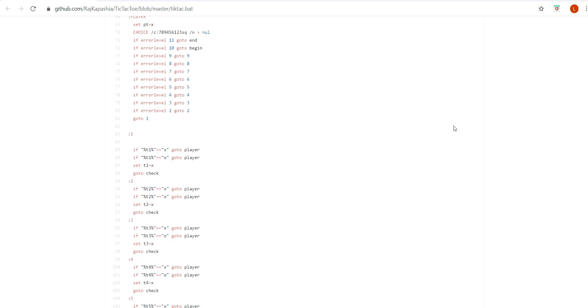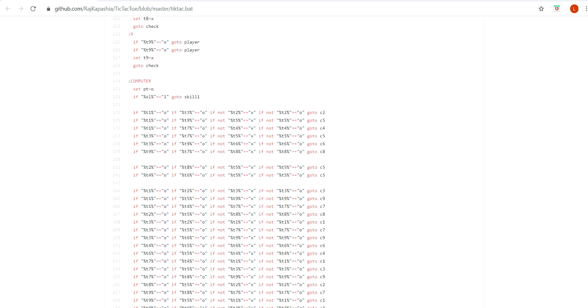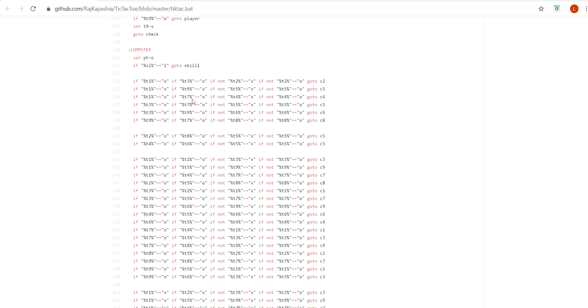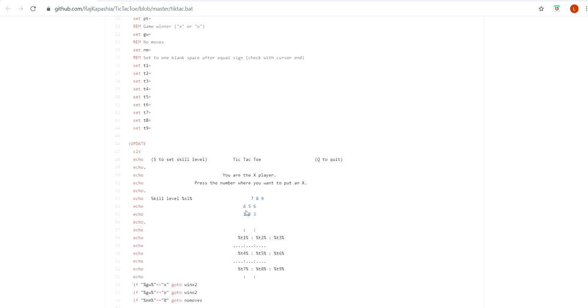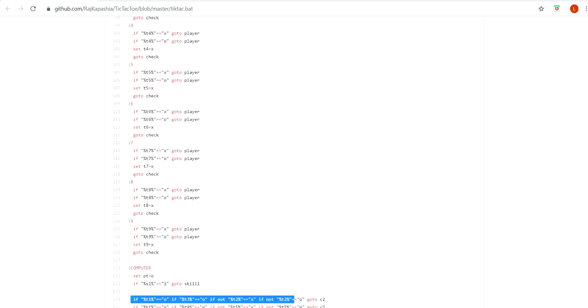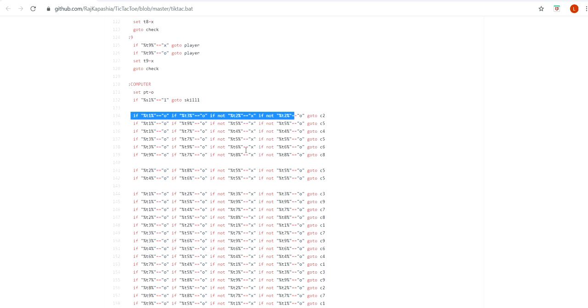Okay guys, then it checks the moves you are making. Suppose you are playing t1 to O, so if t1, t3 is O and t2 is O, so t1, t2 and t3 are O, so it's obvious that the winner is O. It is basically telling the winner.